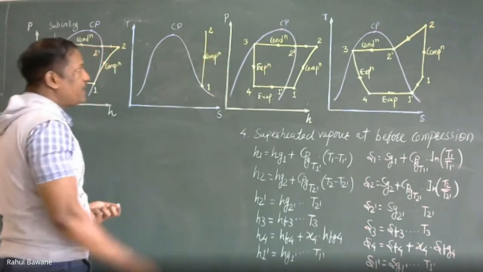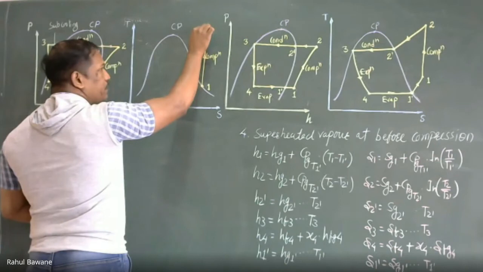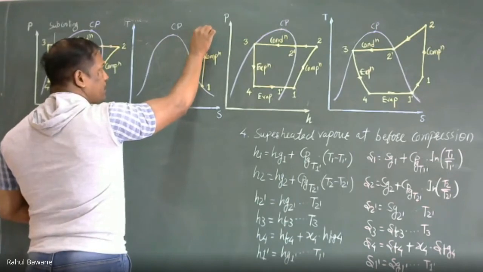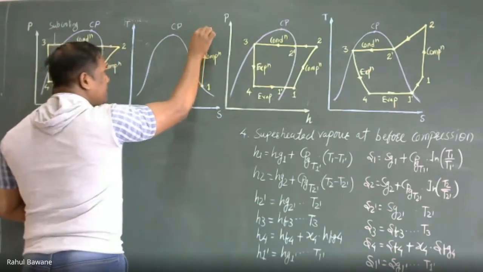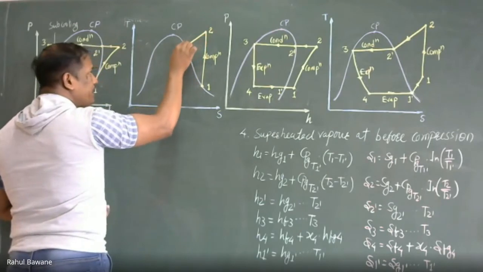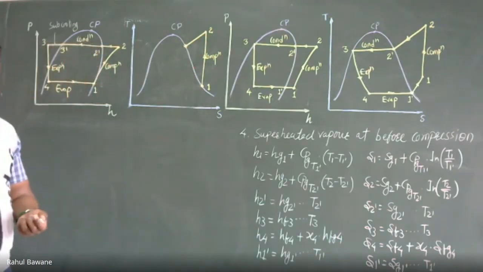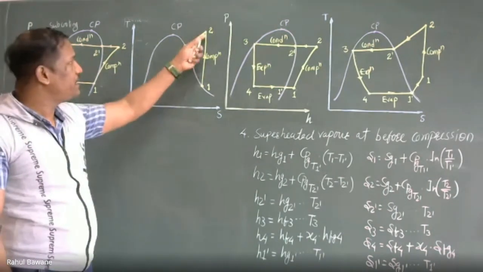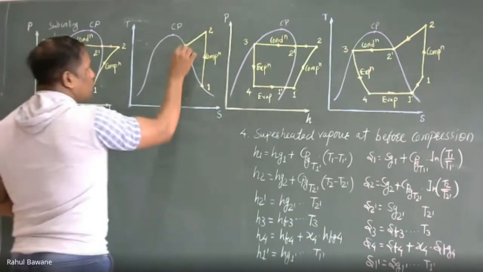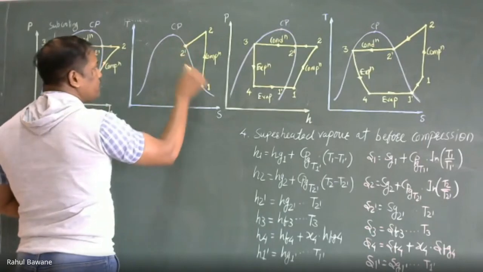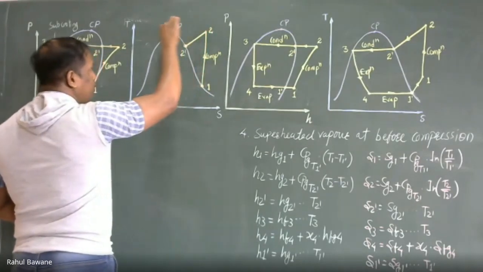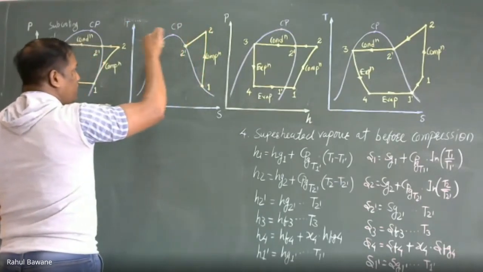When I supply this high temperature superheated vapor to the condenser, first it reduces its degree of superheat by extracting sensible heat. Whenever we extract sensible heat, temperature will decrease. So it will reduce the degree of superheat. Temperature at point 2 is higher, temperature at point 2' is lower.